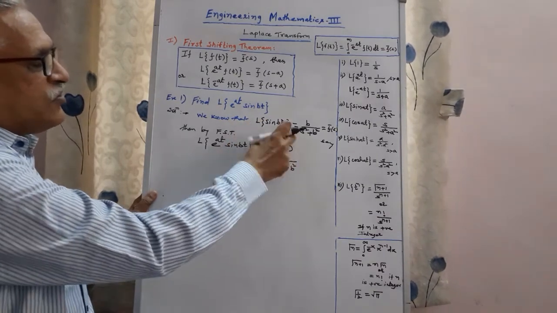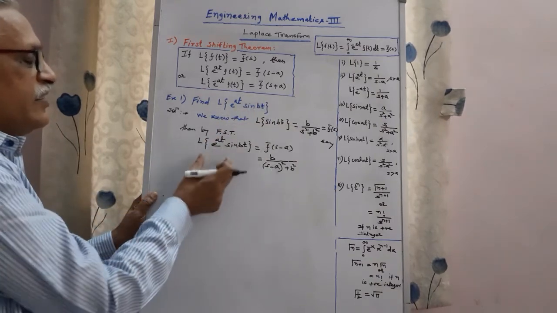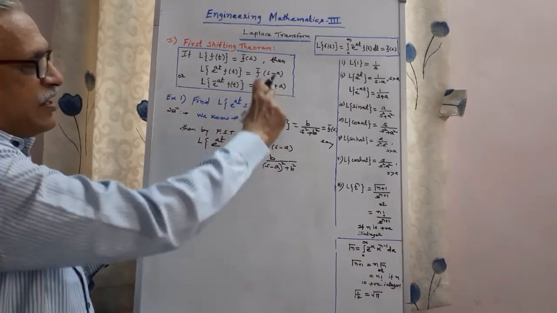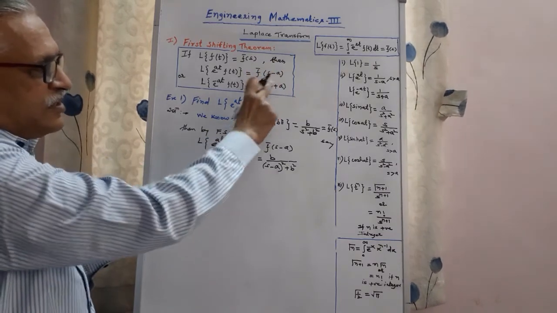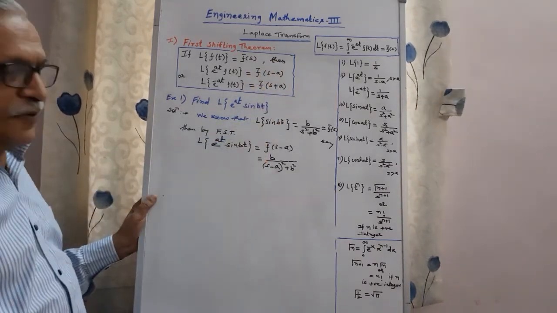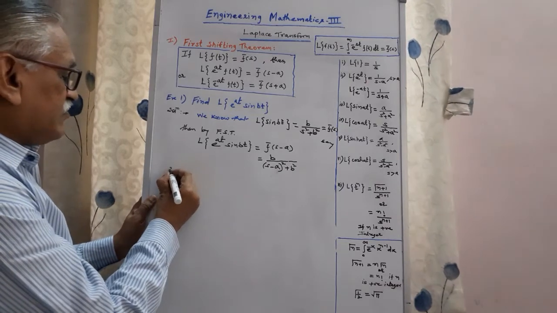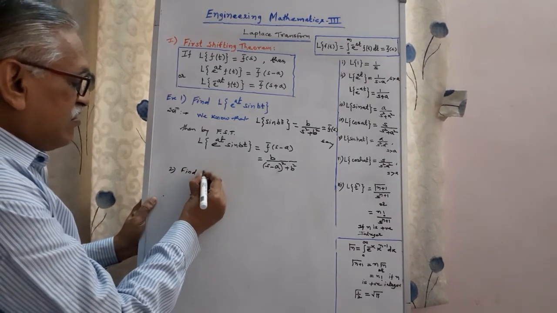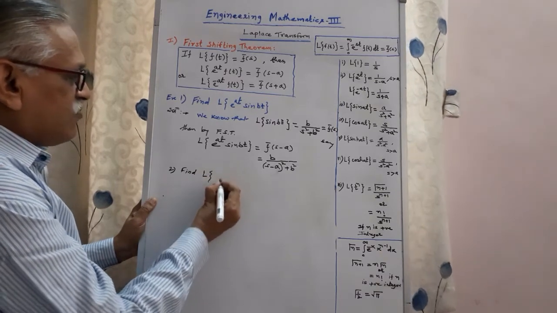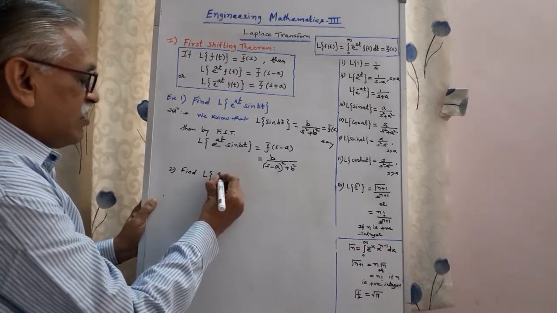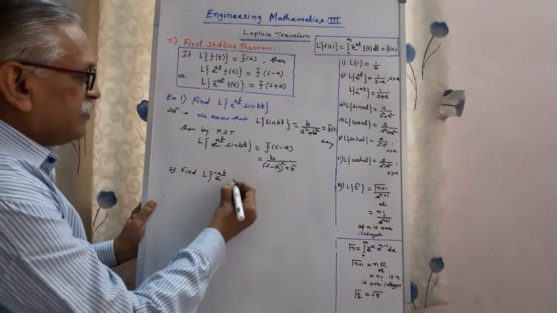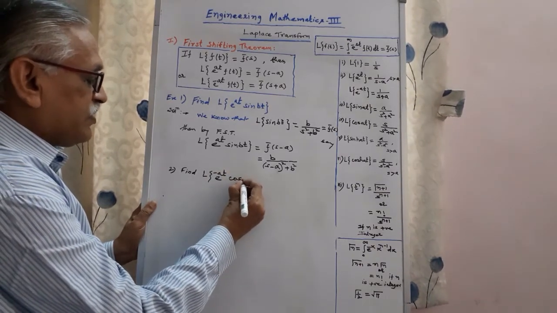First step, find the Laplace of the given f of t, and then apply the first shifting theorem, get the result by replacing either s by s minus a or s by s plus a. Second, find Laplace transform of e raised to minus at into cos of bt.